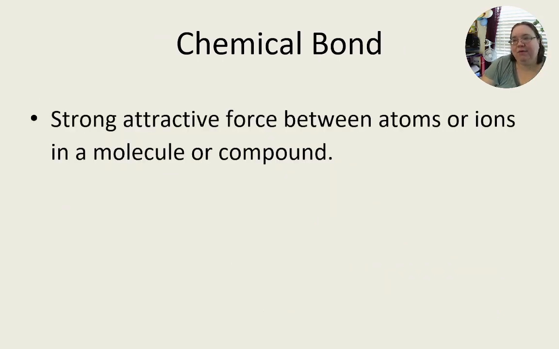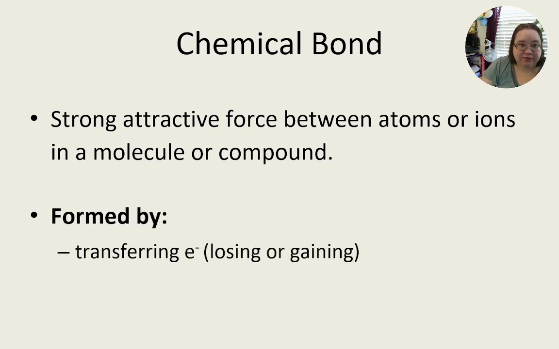Now, a chemical bond is just the strong attractive force between the atoms or ions in a molecule or a compound. Chemical bonds can be formed by transferring electrons. We see this when we have our metals who lose electrons and give them to our nonmetals who gain electrons and form that anion.